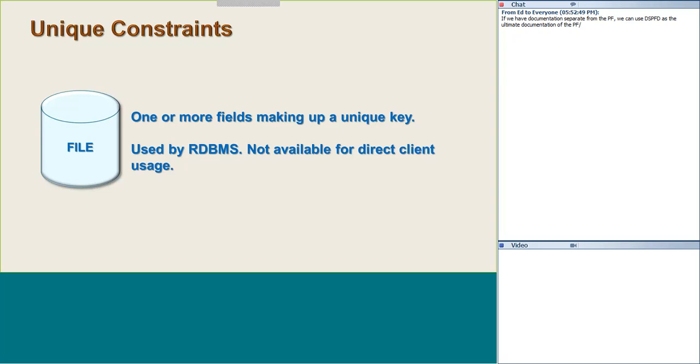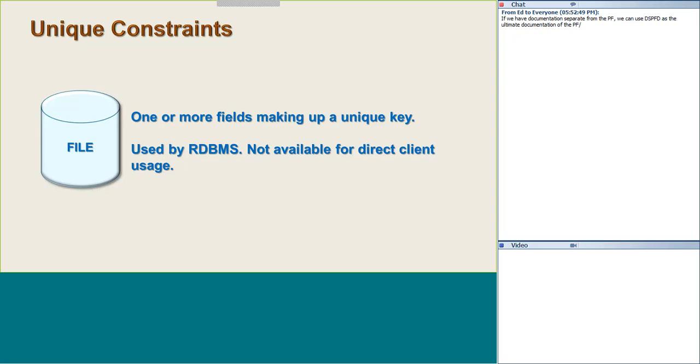I'm not talking about logical views, indexes, joins, or any of the other stuff that makes up the logical database. I'm talking about physical files. So although you can generate unique constraints, they only work from within the RDBMS. They're not available for direct client usage.